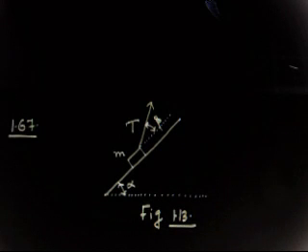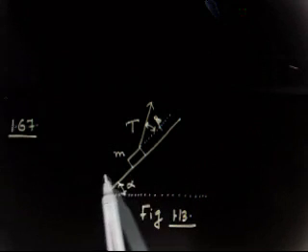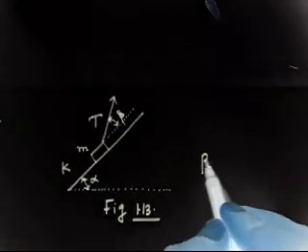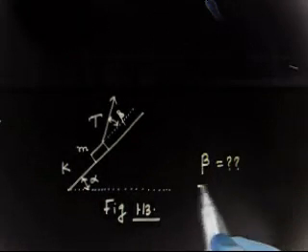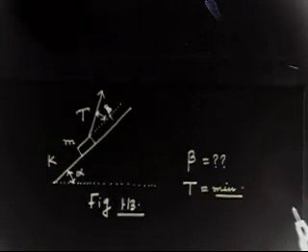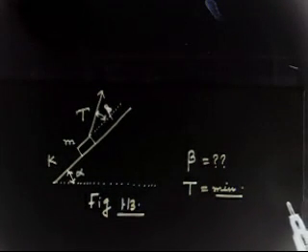Now question says the coefficient of friction between the block and plane is K. Coefficient of friction is also given to you. Find the angle beta so that the tension in thread should be minimum. So we have to find beta. So what is the angle beta so that tension is minimum? So we require a minimum tension. Are you getting?